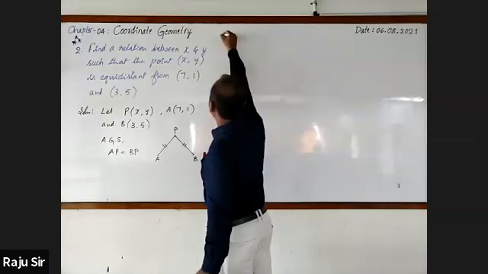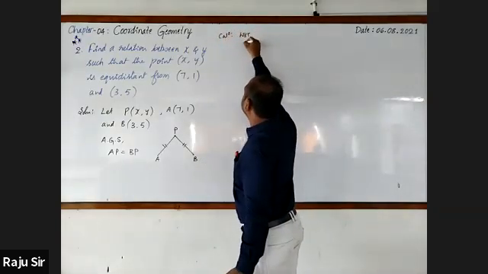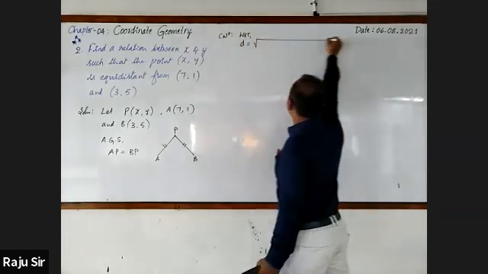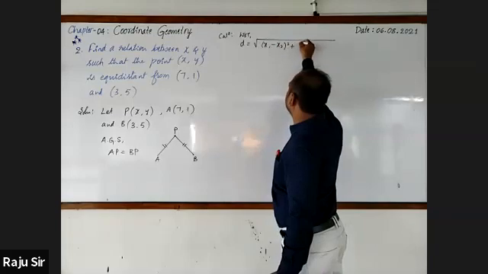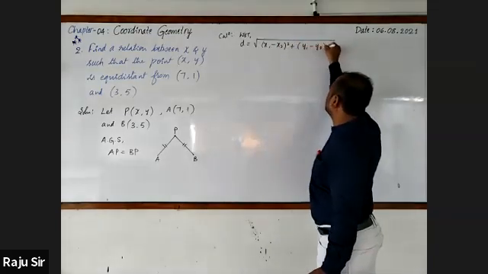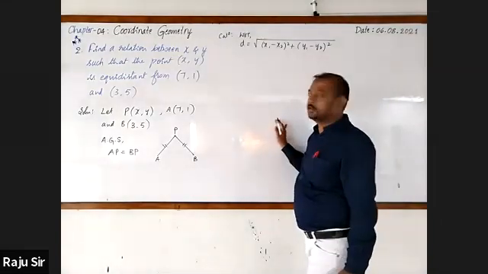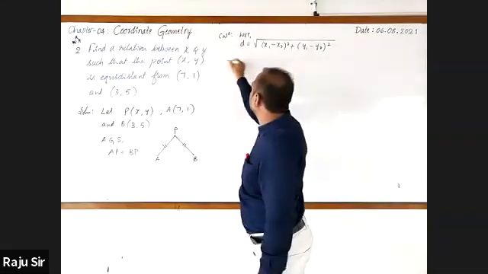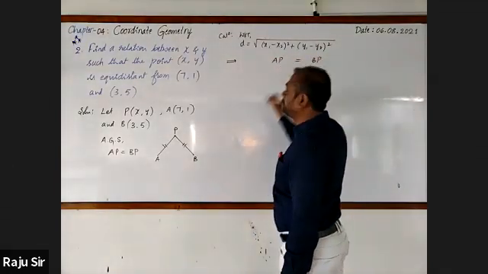Here I'll write the calculation. We know that distance formula D is equal to square root of x1 minus x2 whole square plus y1 minus y2 whole square. Then let me use the given statement. It is AP equal to BP.